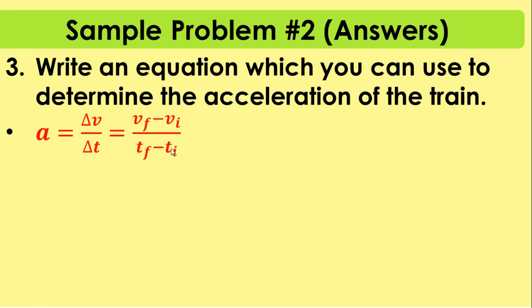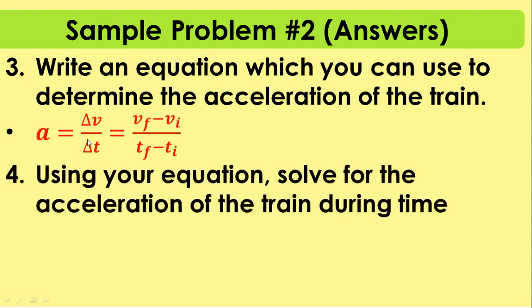So can we now calculate for the acceleration? Alright, yes. Pwede na po natin makalculate yung acceleration kasi meron na po tayong equation ng acceleration. Saan po natin ito nakuha? This is already given. Binigay na po sa atin itong equation ng acceleration.